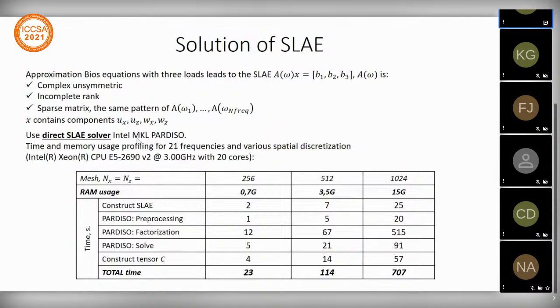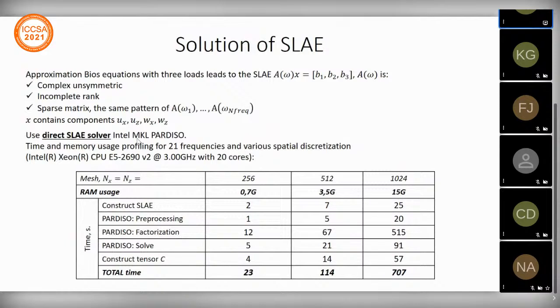It's incomplete rank actually, because we are solving a Neumann problem here, but the matrix is sparse, and the pattern of the matrix is always the same regardless of the frequency. So we've got the elliptic part of the matrix which is completely independent of the frequency, and then we add a diagonal matrix, which depends on the frequency.